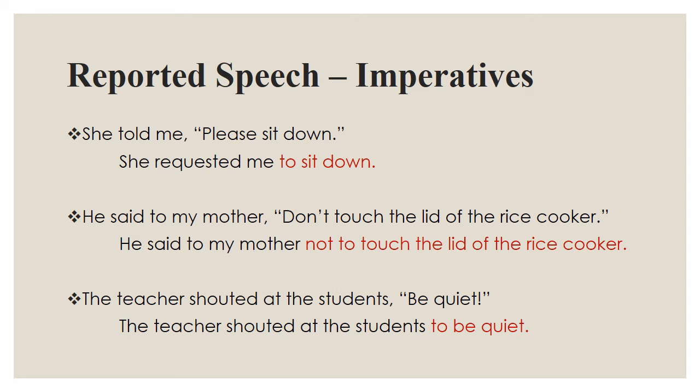The answer should be the teacher shouted at the students to be quiet. It's very simple. If it is a positive imperative, we have to put to and the rest. And if it is a negative, if it is a don't one, if it is something that we should not do, we have to put not to and the rest of the imperative.